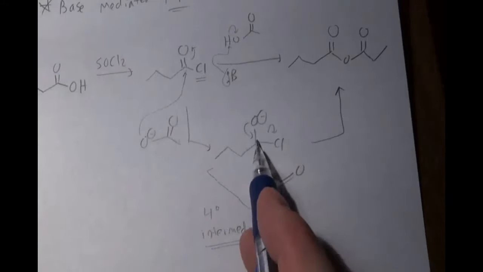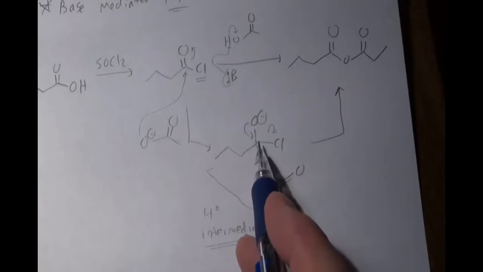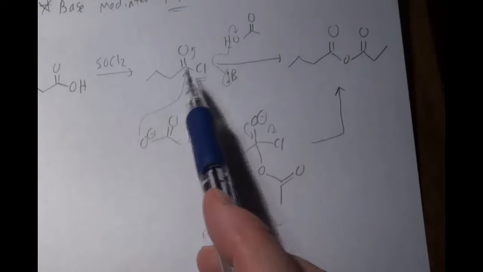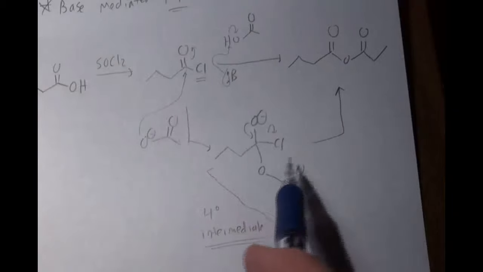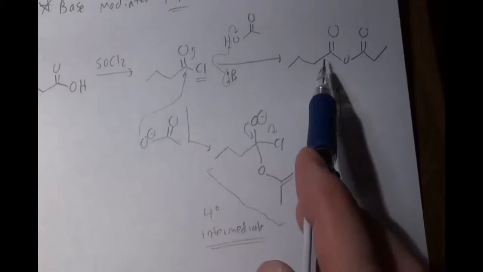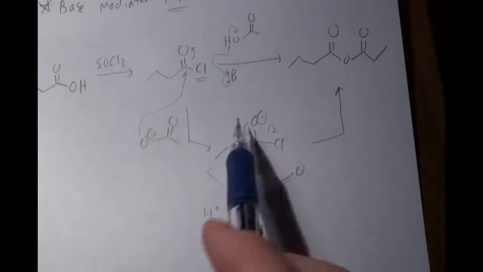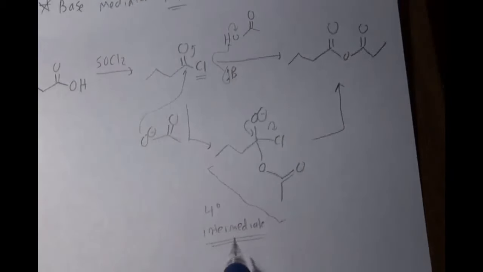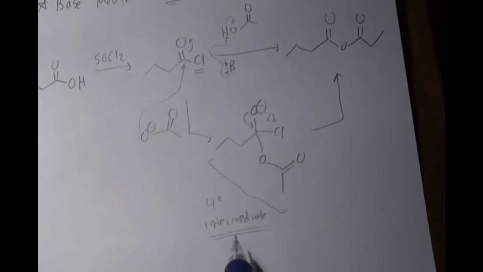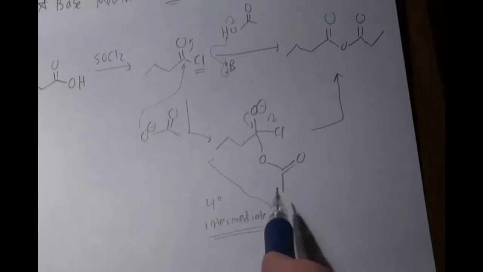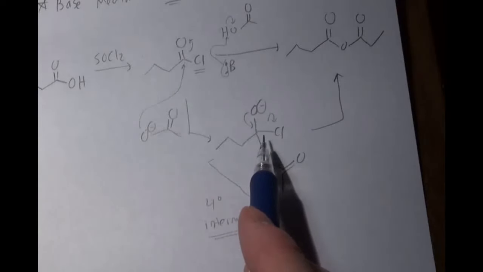Why is it tetrahedral? Because what's the hybridization? It's sp3. We went from sp2 to sp3, and then when this kicks off, we're back to sp2. sp2, sp3, sp2. And it's a tetrahedral intermediate because of the sp3 hybridization.